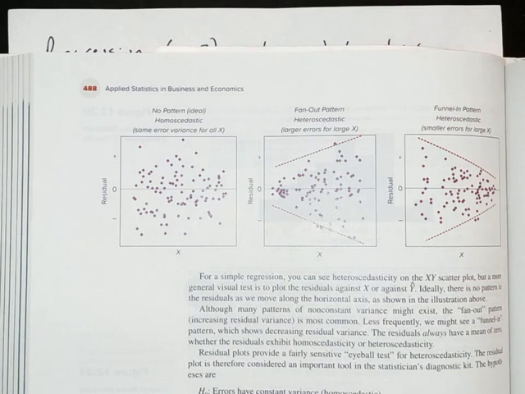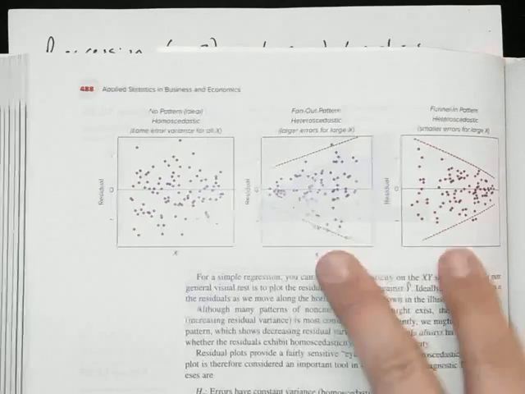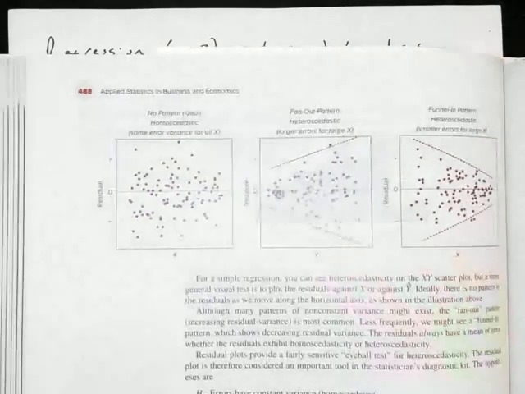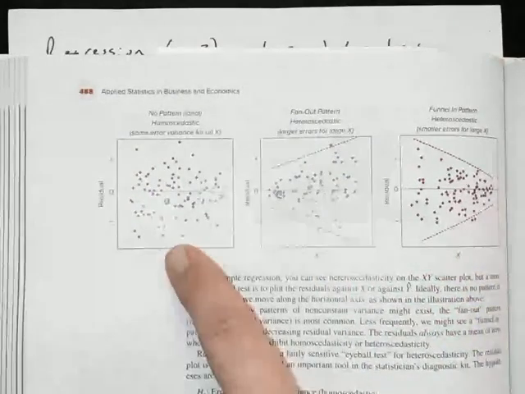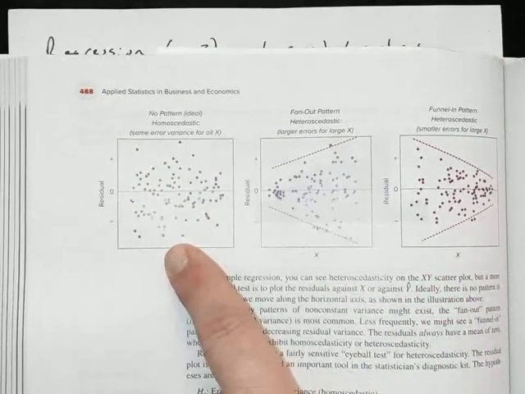But the question is, if the errors are tied to something related to X, I will see a pattern more like these two here. If the errors are independent of X, which is what I want, I'll see a pattern more like this one.